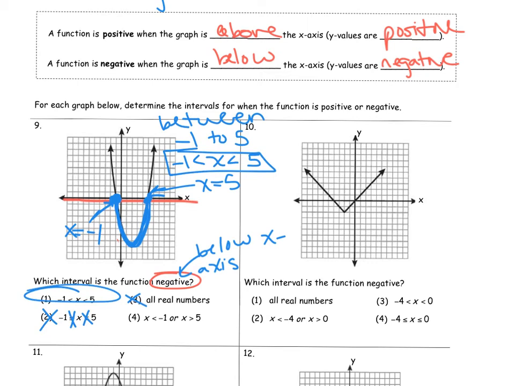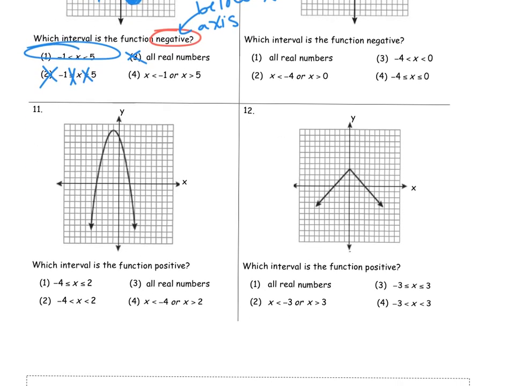Okay, why don't we take a look at question number 11. So let's take a look at question 11. Over which interval is this function positive? So now if it's positive, I'm looking at everything that's going to be above the x-axis, okay? Everything above. All right, well, let's take a look at what these roots are here.